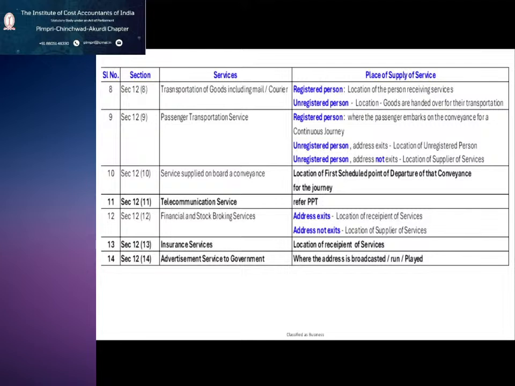So both locations are there, Lakshadweep and Chennai. And the services are supplied by X Limited, who is located in Hyderabad. Hence IGST is applicable for this particular case.